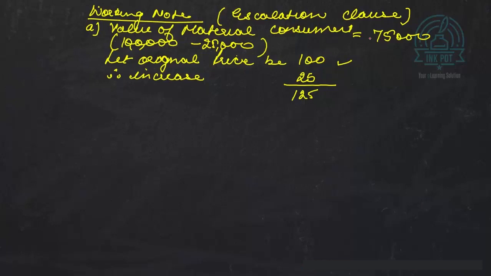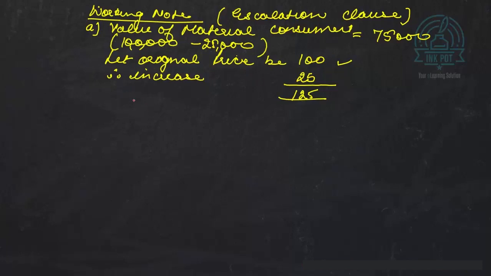The difference between the original price and the increased price gives the amount of increase. We are assuming original price to be 100. Since the price of material and rates of wages increased by 25%, 25% of 100 is 25 only. So increased price is 125, right?